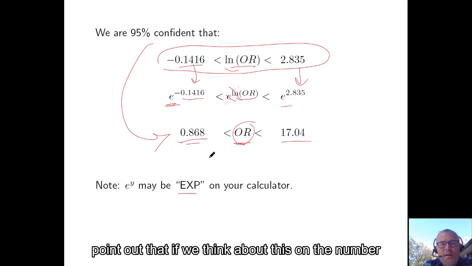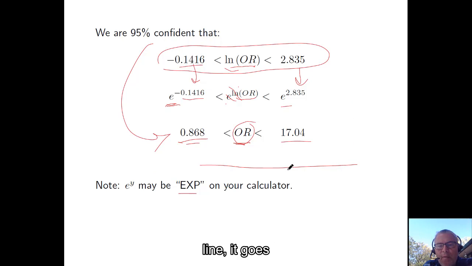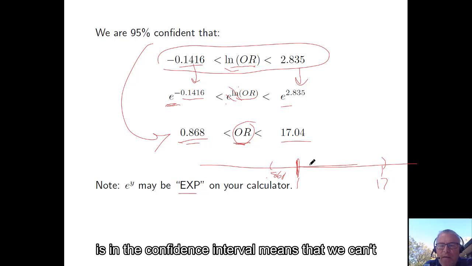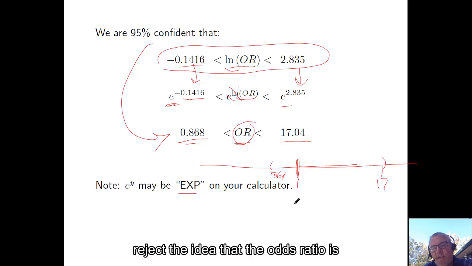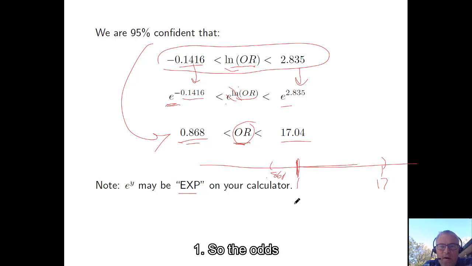I should also point out that if we think about this on the number line, it goes from 0.868, here's 1, goes all the way up to 17, this really large number up here, 17.04. The fact that 1 is in the confidence interval means that we can't reject the idea that the odds ratio is 1.